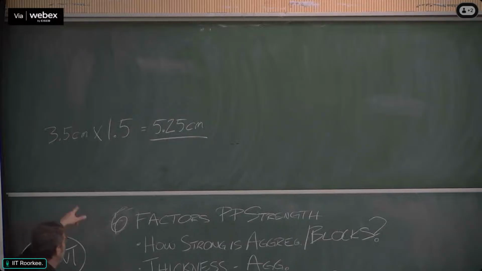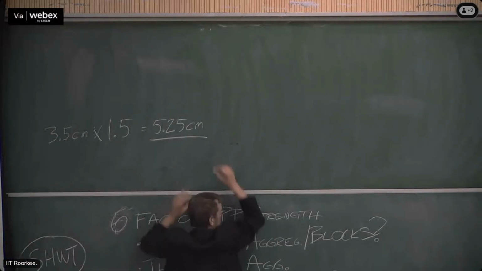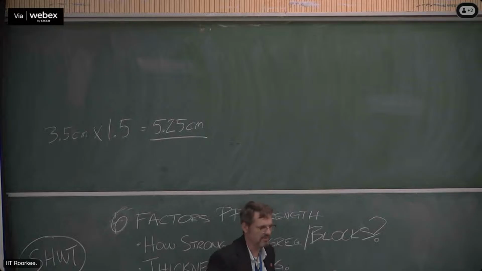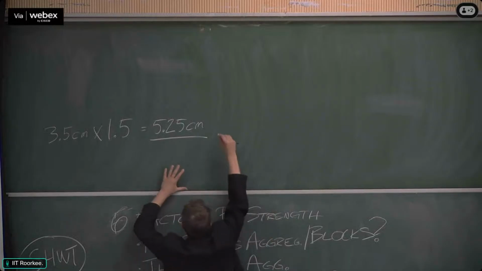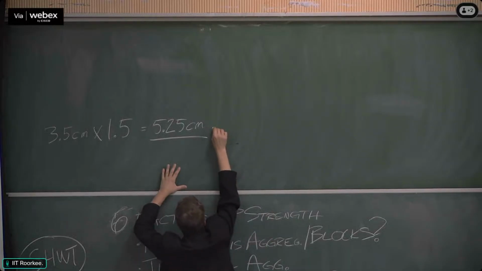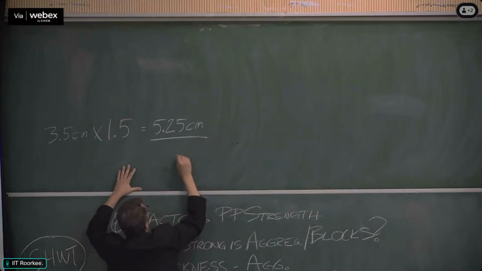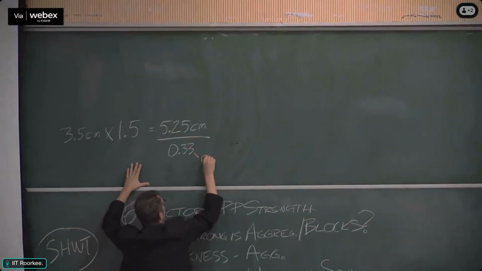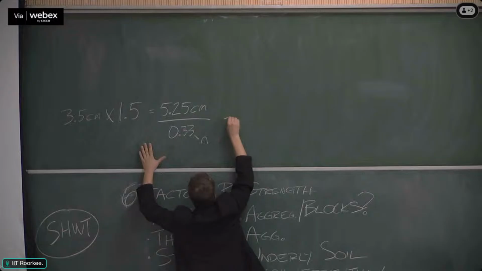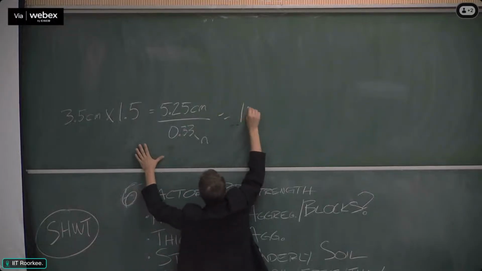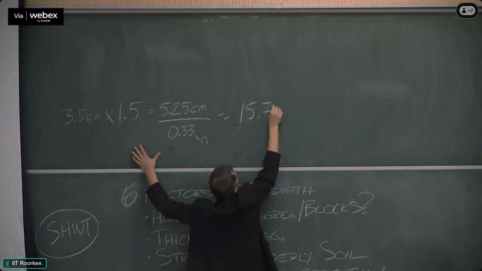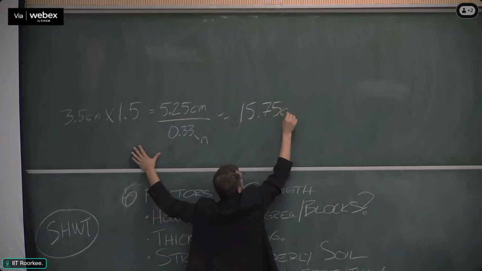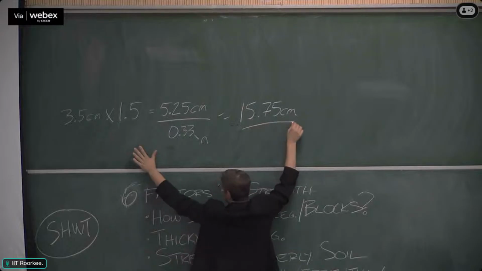And so to get the actual depth, you take that 5.25 and divide it by our porosity, that's our n. And then you end up getting, if I remember correctly, 15.75 centimeters to store the water quality event.